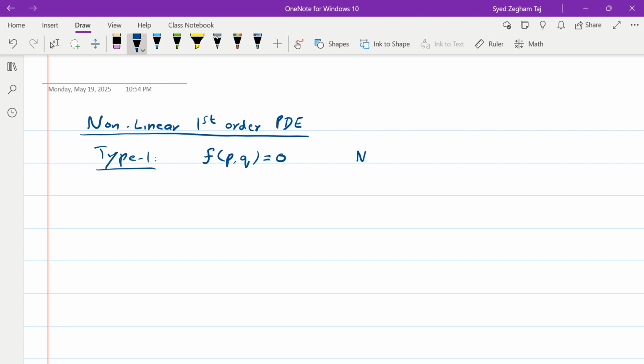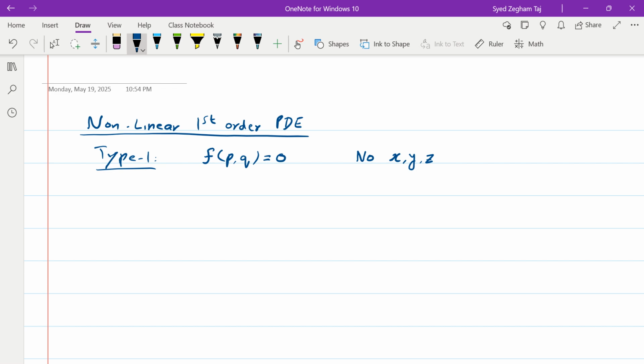So what is the meaning? The meaning is that in this equation, there will be no x, the independent variable. There will be no y, our second independent variable. And there will be no z also, which is our dependent variable, right?